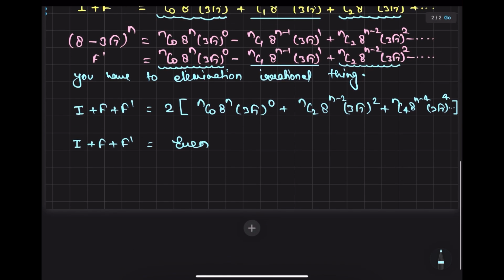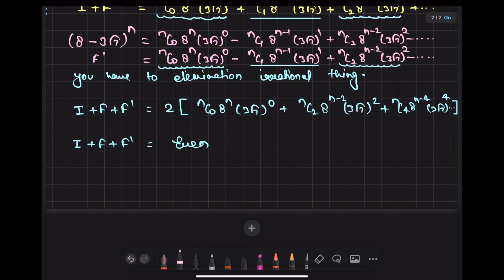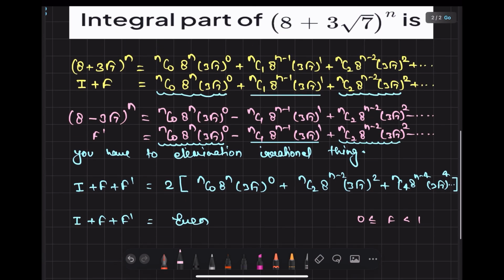Now be super slow. Just try to recall the property of fraction. Do you remember that a fraction ranges from 0 to 1? And you also know that in this case 100% we will have some fraction. We cannot have 0.